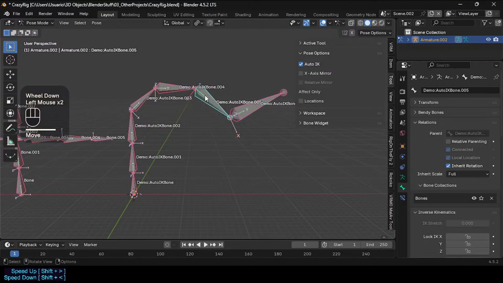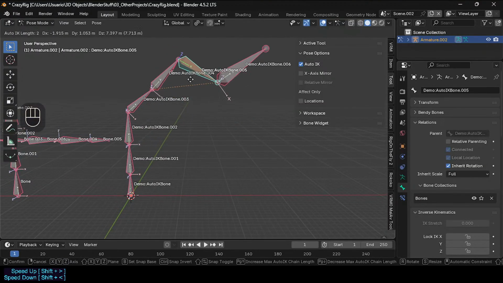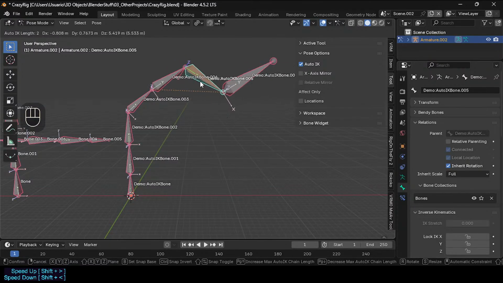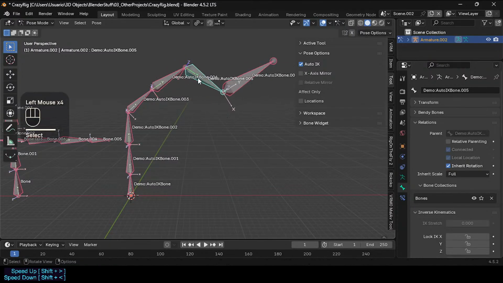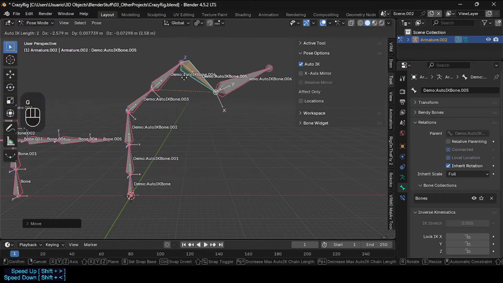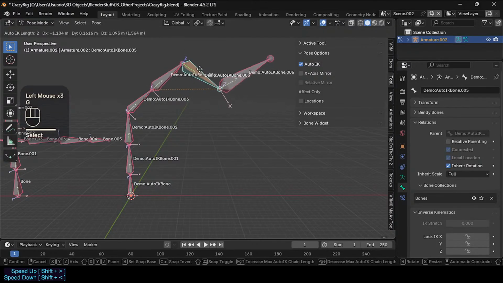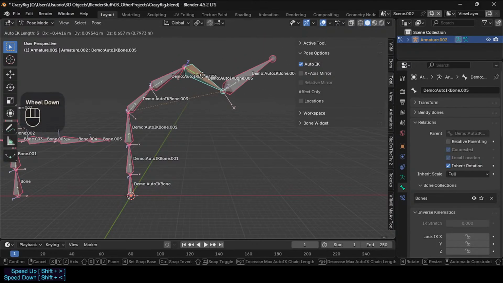Let's try another one. If I pick this one, now Auto IK length of 2 means it's 1 and 2. Whatever is afterwards moves as F key, while until here it is I key, because of the Auto IK length. Then I can augment.